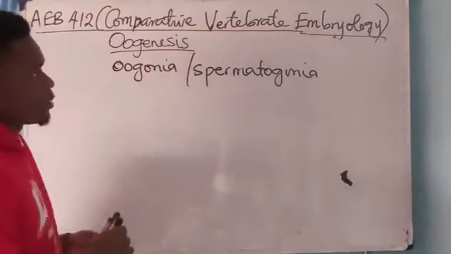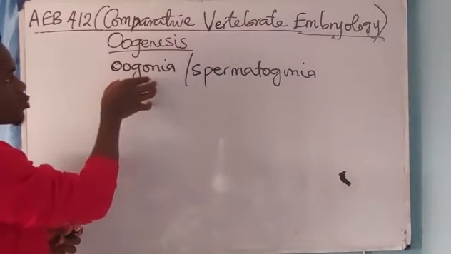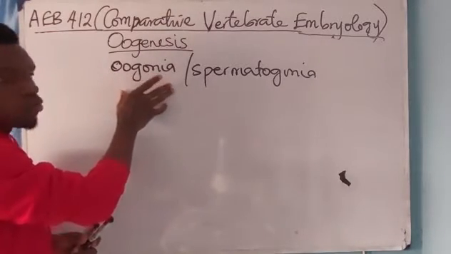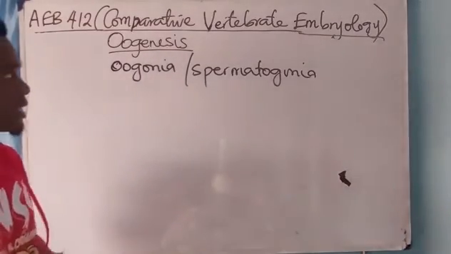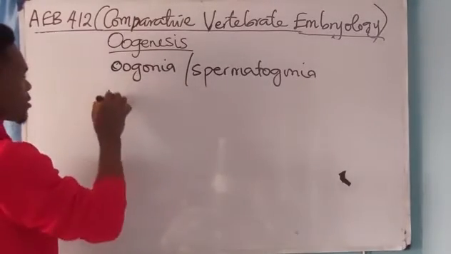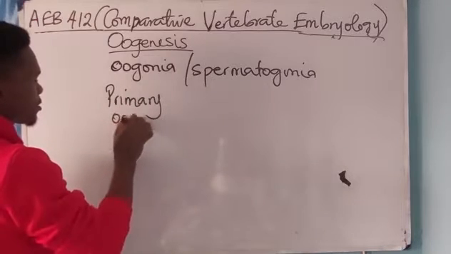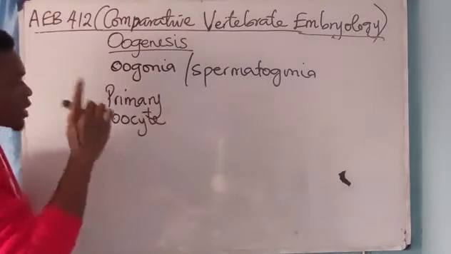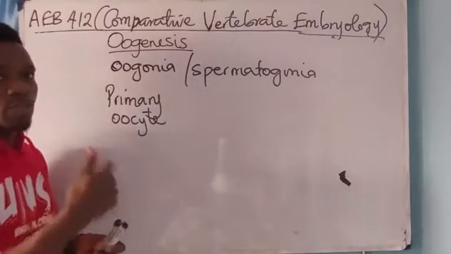Now, of all these oogonia formed, not all will develop into the primary oocyte. It is only one that will develop into the primary oocyte, as long as it undergoes a certain level of growth.